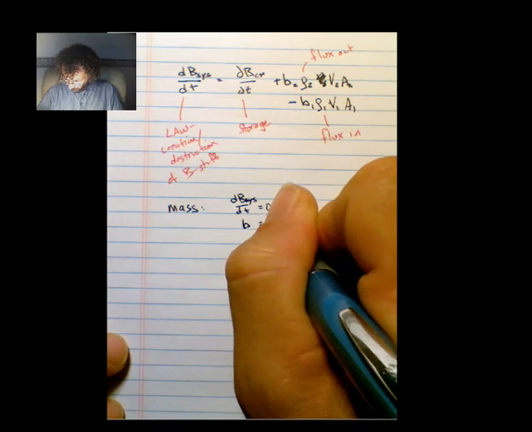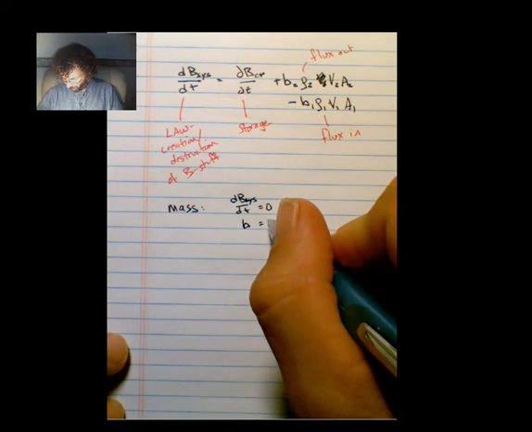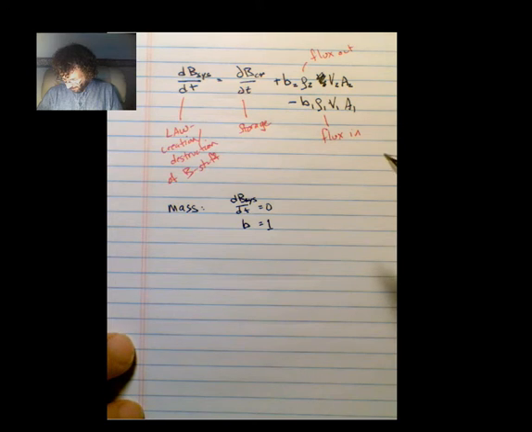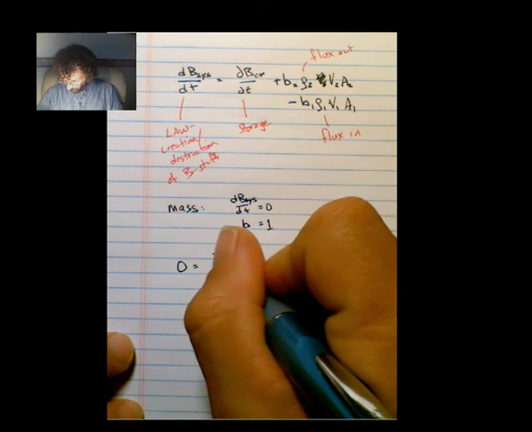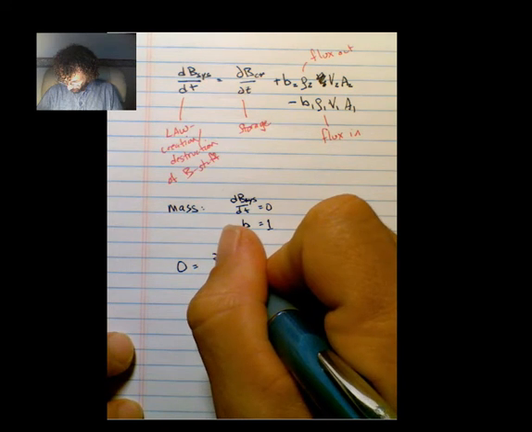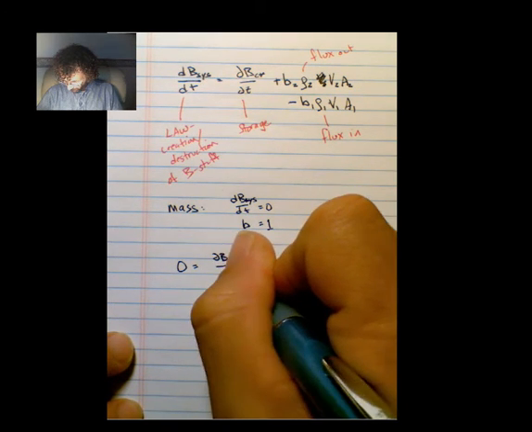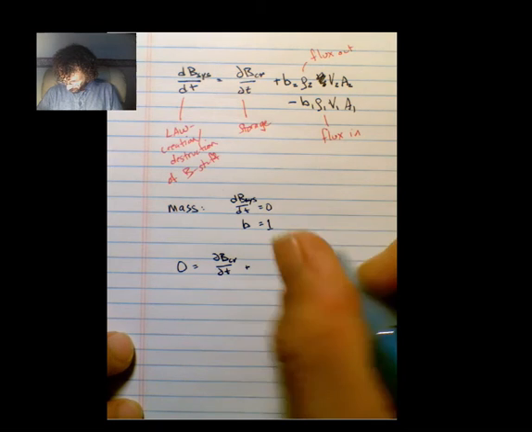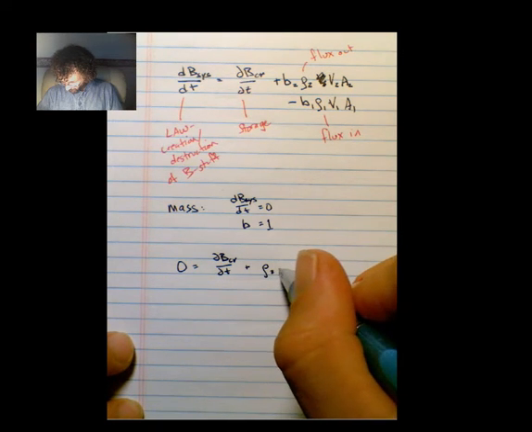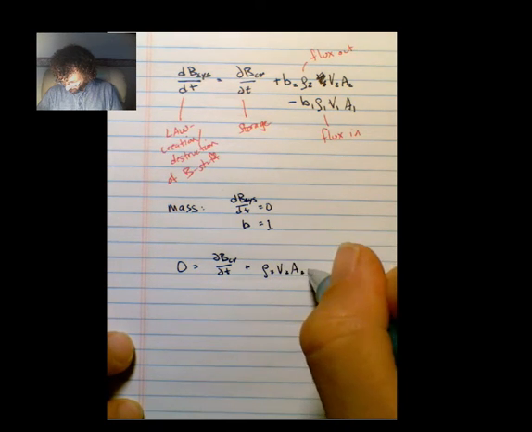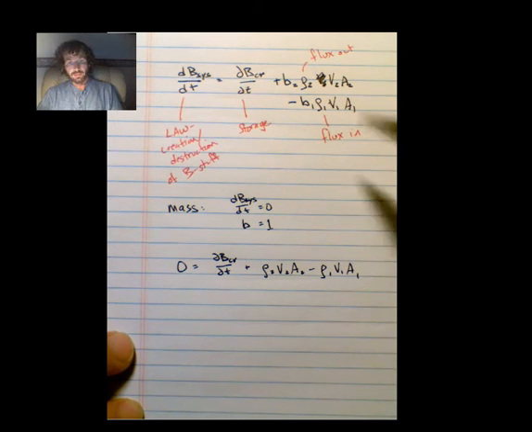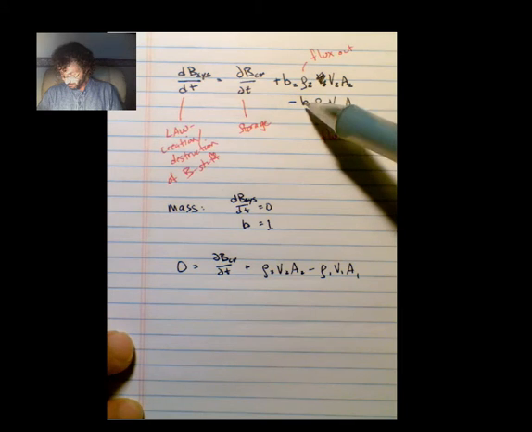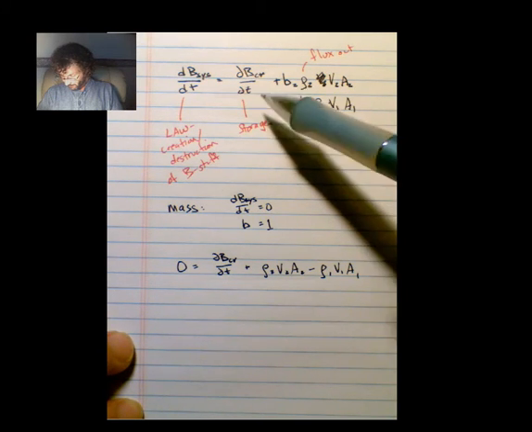Big B is equal to mass, so little b, mass per unit mass, is equal to 1. So we have 0 is equal to partial B control volume partial t plus rho 2 V2 A2 minus rho 1 V1 A1. That's just going up to this expression. Little b's become 1.